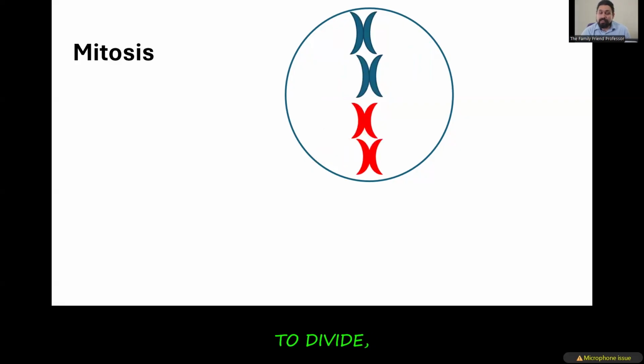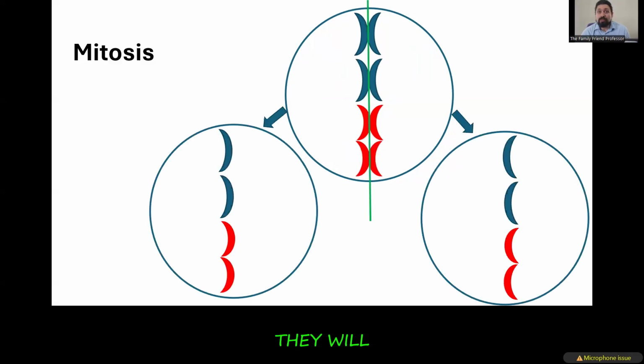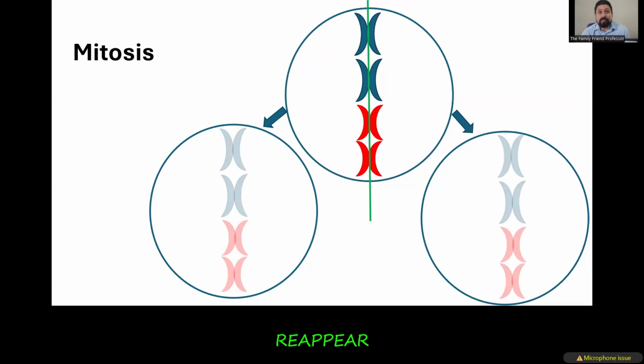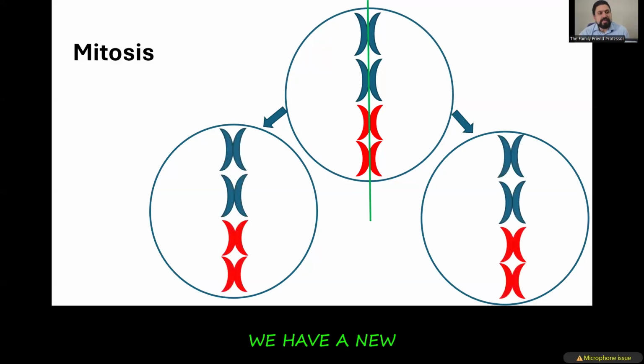And when it's time to divide, this is what happens. The cells will get separated. The two pairs of chromosomes will get separated. And then they would double, they would disappear, and reappear again. So now we have two new cells, right, that each has the same number of chromosomes.